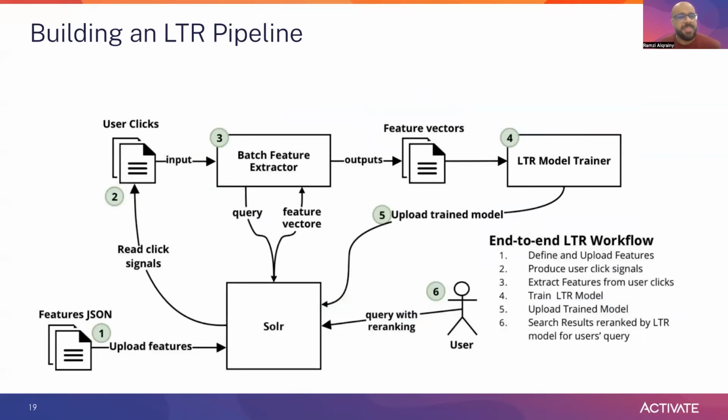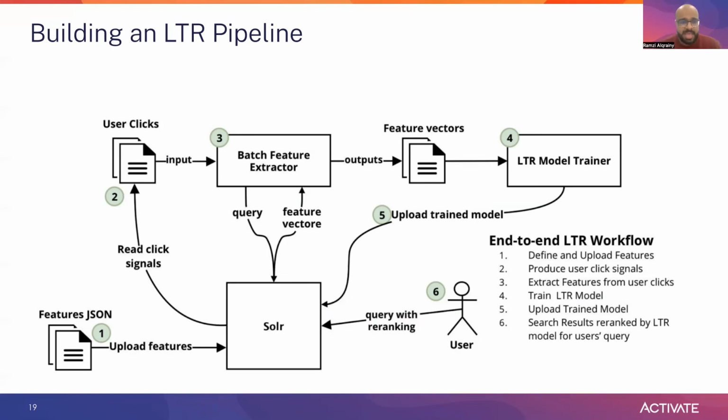Here is the big-picture workflow of how to implement learning to rank in this diagram. It starts with step number 1 in the lower left and follows where the arrows point. Number 1, we upload a set of features to the Solr JSON REST API. Next, using any solution for ground truth, like Fusion signals, we produce a ground truth ordering of results.